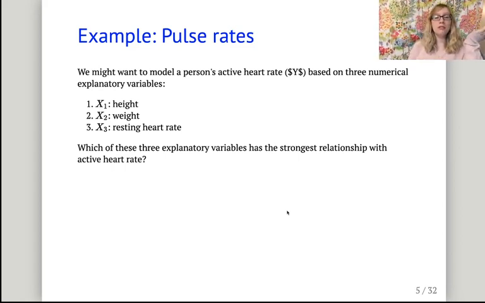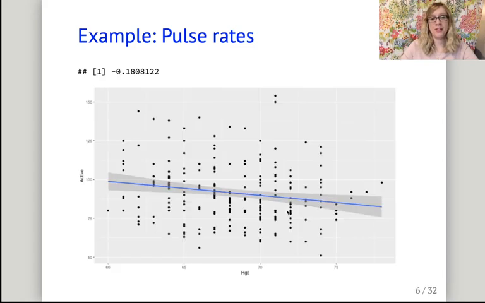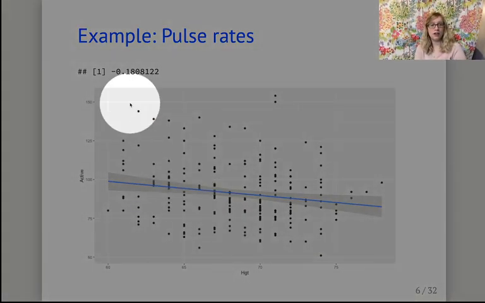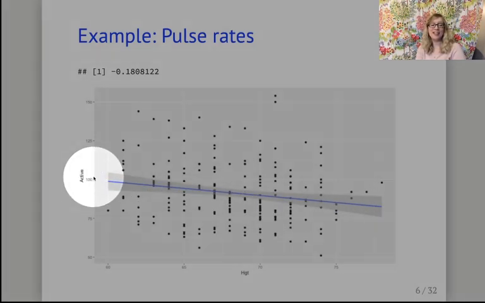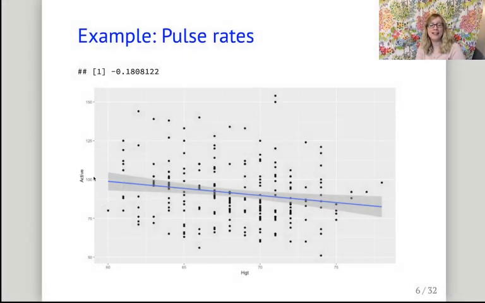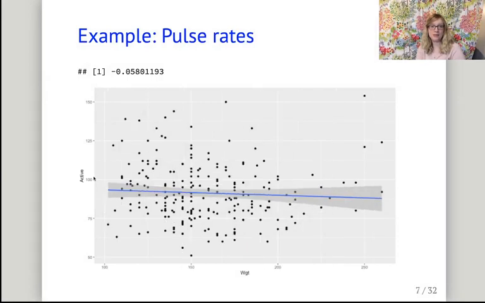Of these 3, let's see which one will likely have the strongest relationship with active heart rate just by plotting all 3. So when we look at height versus active heart rate, there is a slight negative correlation of negative 0.18. As height tends to increase, active heart rate tends to decrease.